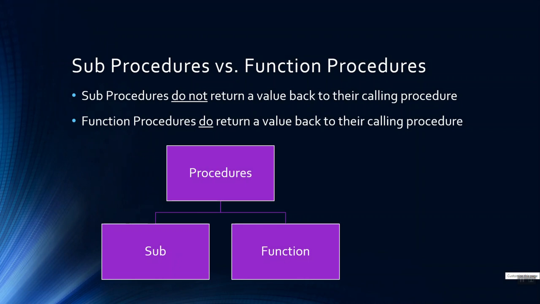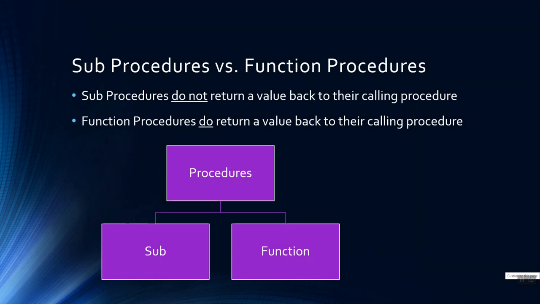So now let's take a look at the difference between sub and functions. Sub procedures do not return a value back to the calling procedure. Recall the whole point of creating a procedure is that you can call it from somewhere else. Now all our examples so far have called procedures from main.